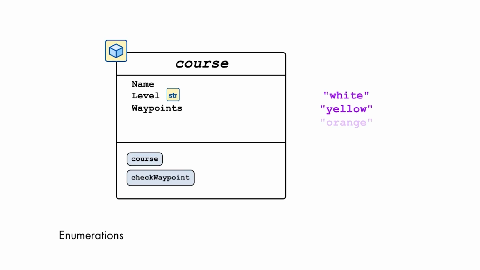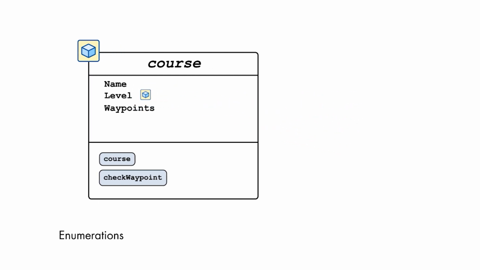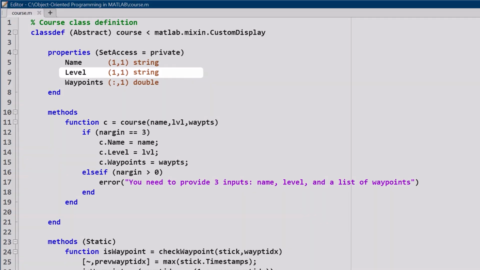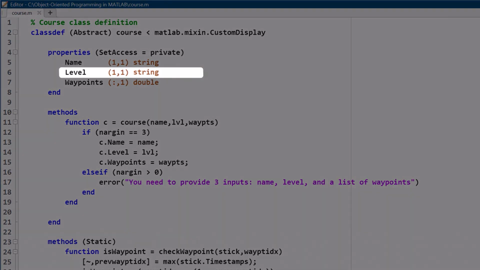All of these attributes help make our classes more user-friendly and secure, and there are even more strategies to achieve that beyond attributes. One tool to use is enumerations. Enumerations, which we can use here in our course class, are a useful approach for defining a small set of named values by defining these values in their own separate class. Instead of requiring that the inputs of the level property are type string, we can require that they are type difficulty level, our new enumeration class.